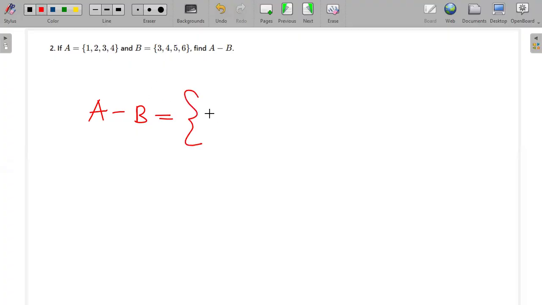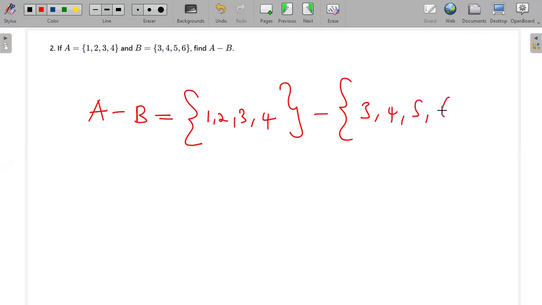So I'm going to say set A has 1, 2, 3, 4, and then I say minus set B has 3, 4, 5, and then 6. This simply means that whatever element I can see in set A, and it's also in set B, is going to cancel out.